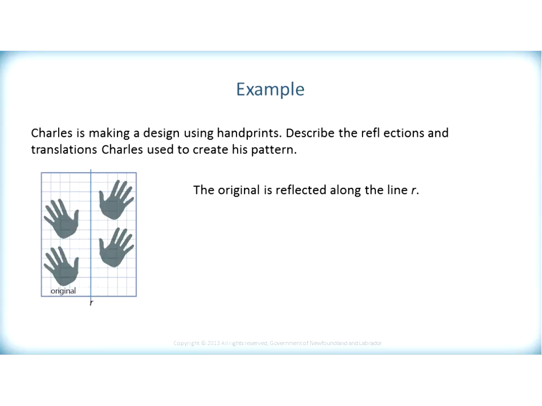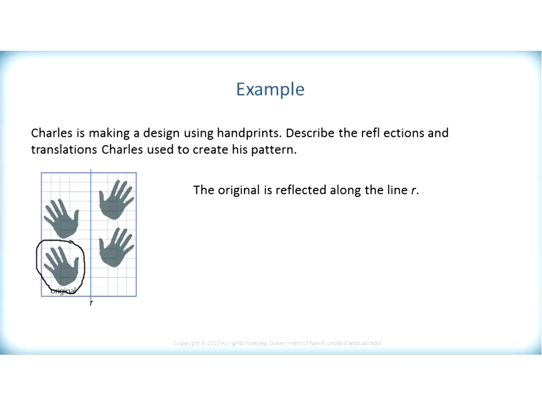So here's his line of reflection, and I call that line R. So if I take the original, which is this hand, oops, wrong object. Here we go.